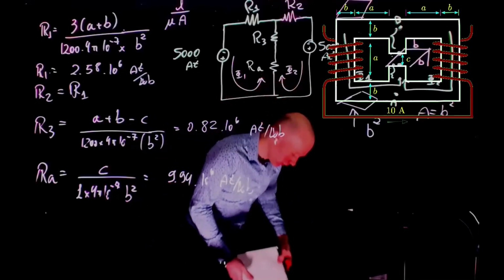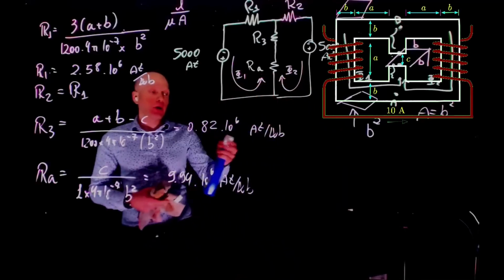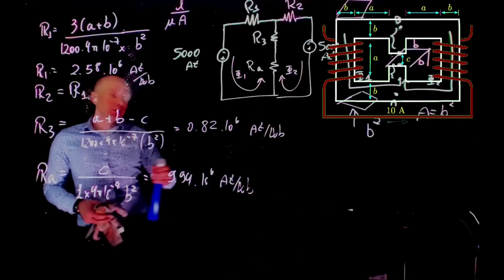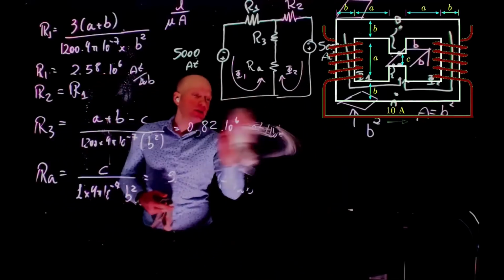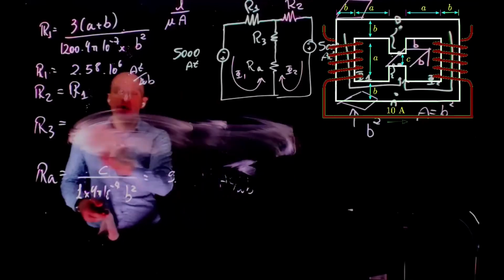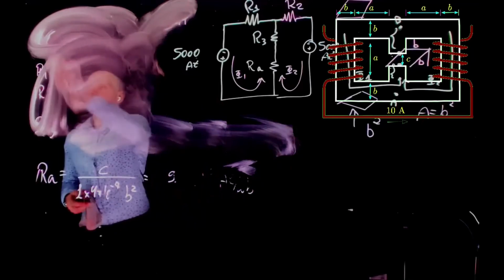Okay, I don't think so. So let me erase this and we can do the next step now. You can attempt the next step. Now we need to write the equivalent of Kirchhoff's law for this circuit.